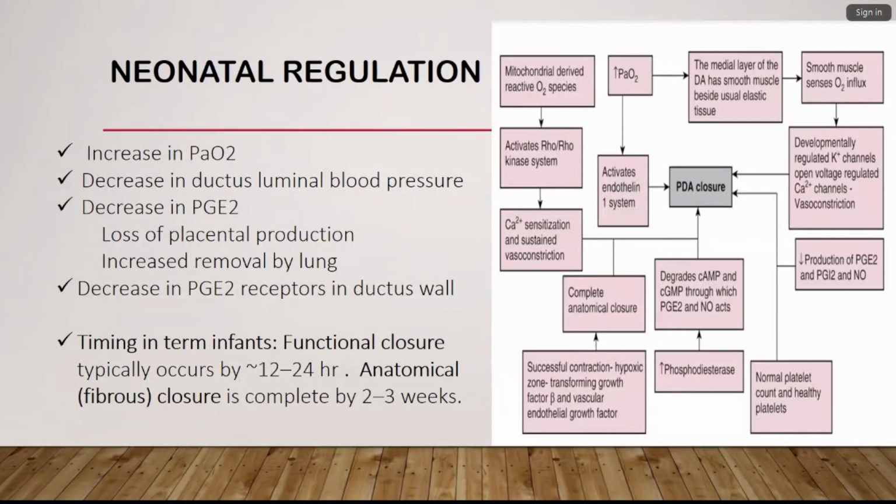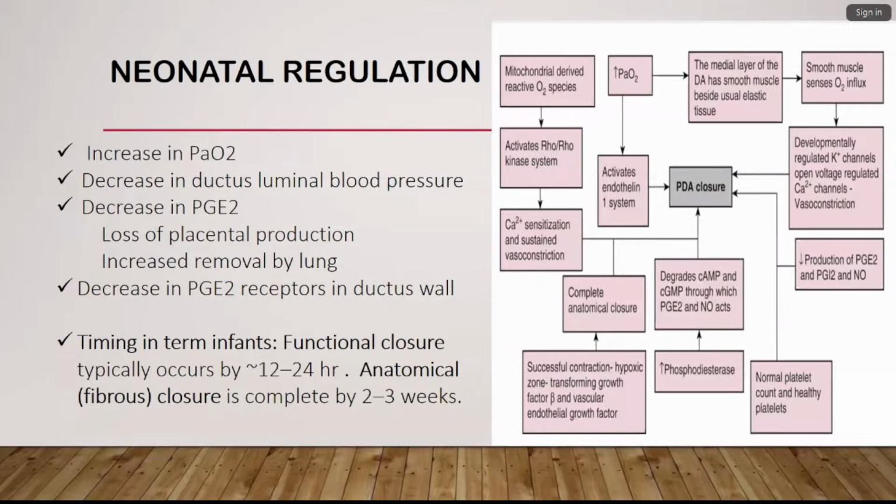Now, there are some regulators which cause ductus arteriosus closure in neonates. That is, increase in PaO2 and decrease in ductal luminal blood pressure. As described before, there is a decrease in PGE2 due to loss of placental production and increased removal by the lungs.